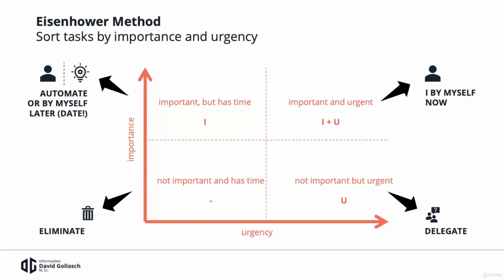So first of all, we take a look at the lower left corner. All those tasks where you decided they are not important and they have time, so there is no urgency. This part of the matrix comprises tasks where you could say, okay, they're not worth doing, so you could eliminate all the tasks in this category.